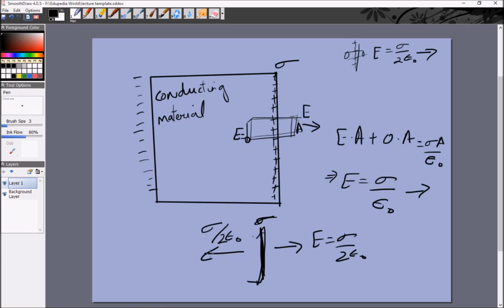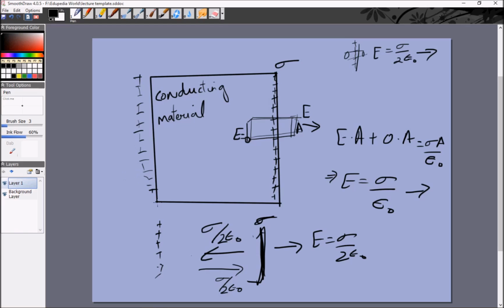Right? So if the electric field is sigma by 2 epsilon naught here towards the left, which in this particular case will be positive actually, then there must be another set of charges on the other end or somewhere else which create an extra electric field of sigma by 2 epsilon naught towards the right within the conductor, such that the electric field within that conductor is 0.